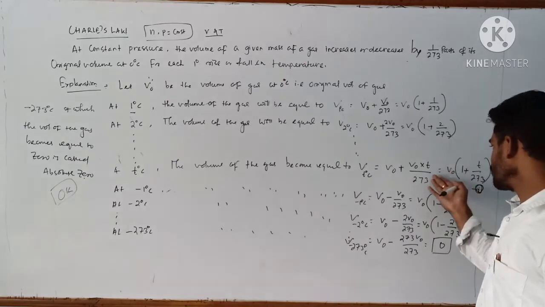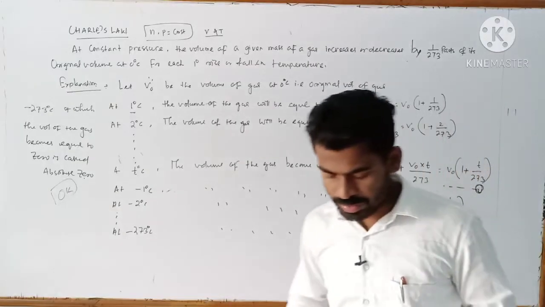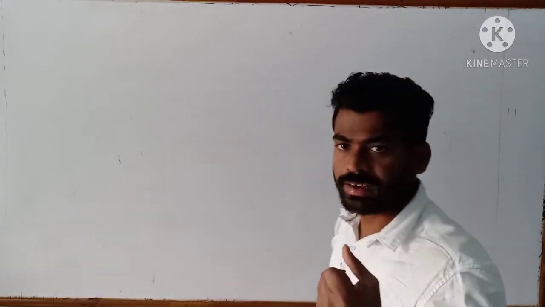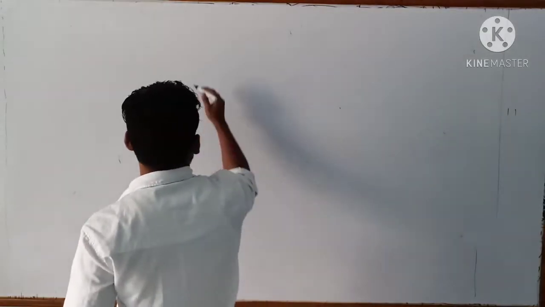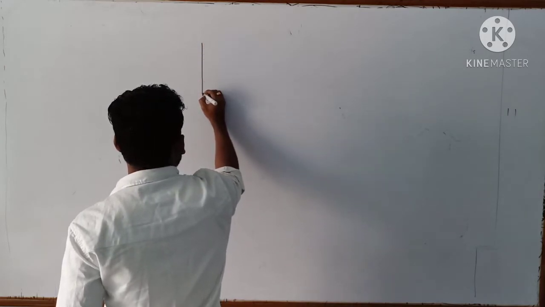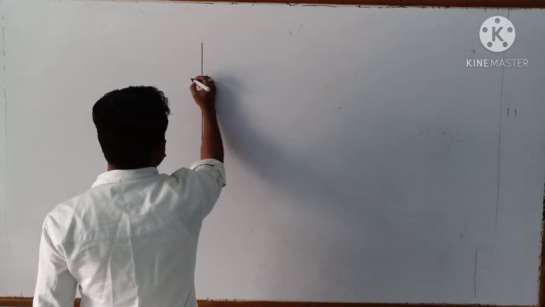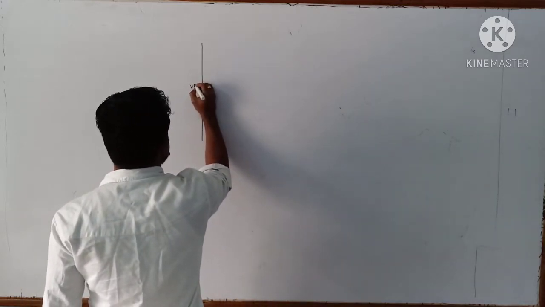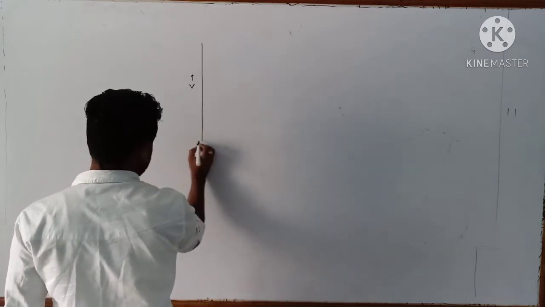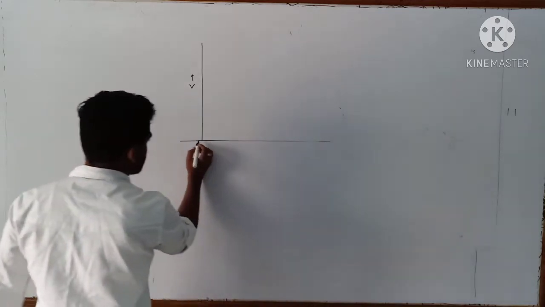Based on this equation, we can state Charles law in some other way. So next, I draw a graph like this one. I am considering volume on this axis, and on the x axis I am considering temperature.